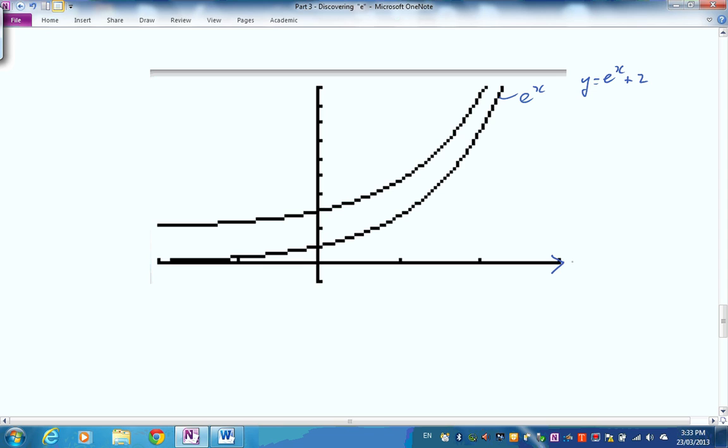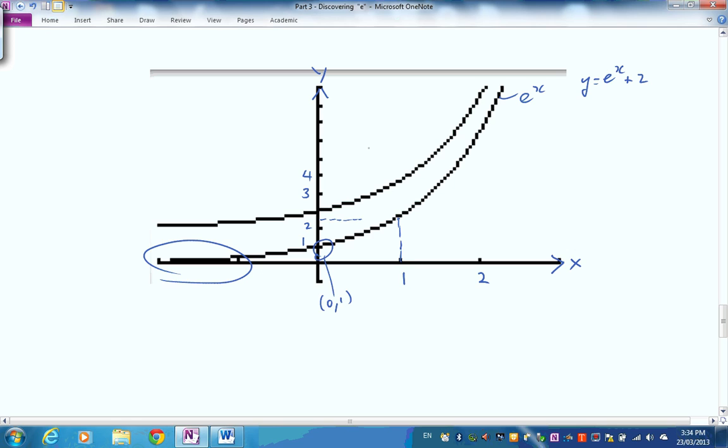What you need to do is to label the axes, and then we must have a scale. 1, 2, 3, etc. Now checking e to the x, yes, it goes through the point (0, 1), asymptotic to the x-axis, y is 0. When x is 1, e to the x is about 2.718, about there.